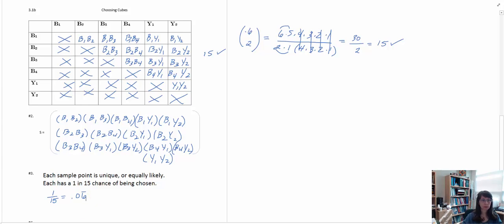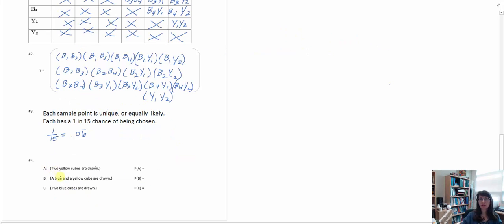Finally, in part 4, we have 3 different events being described. Event A is that 2 yellow cubes are drawn. Event B, a blue and a yellow cube are drawn. And event C, 2 blue cubes are drawn. So if we go back and look at event A, 2 yellow cubes are drawn.